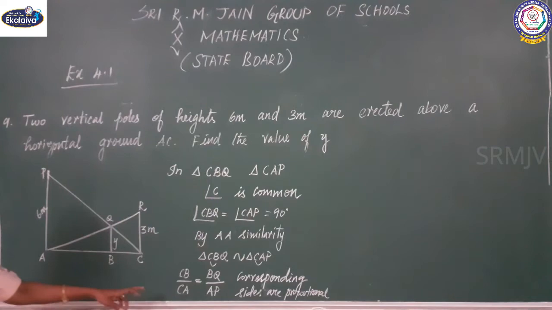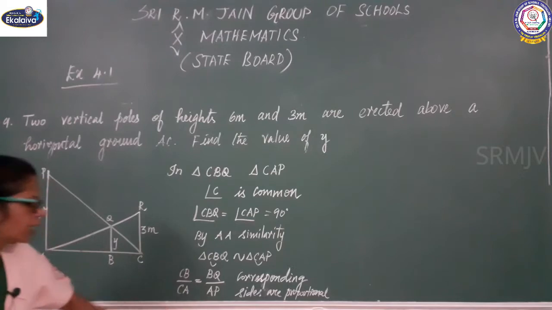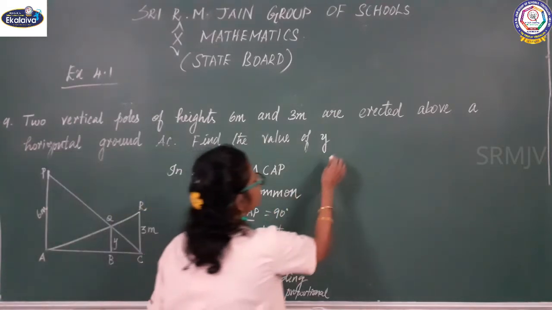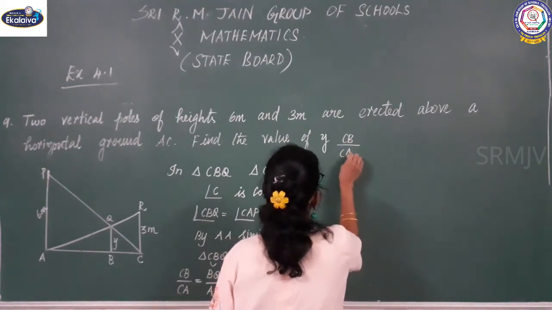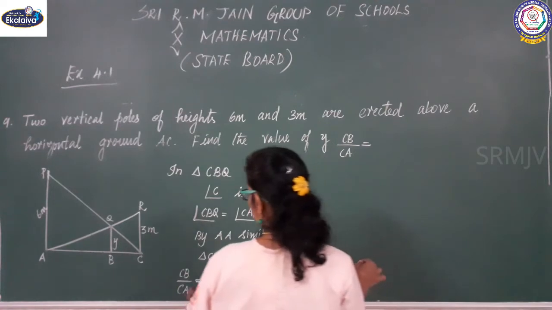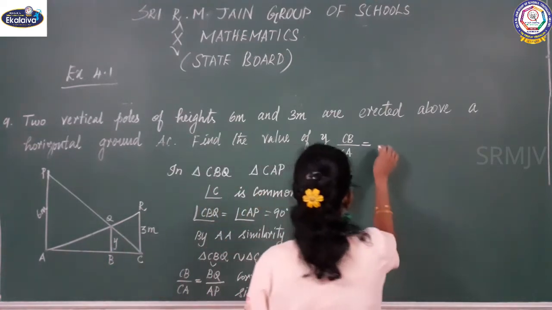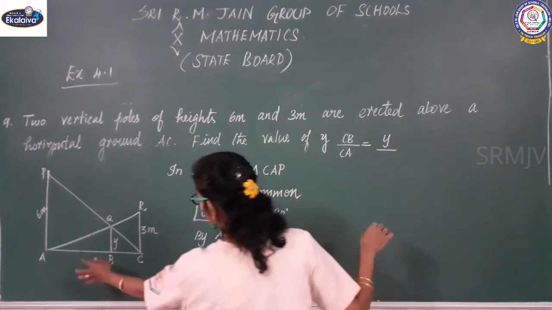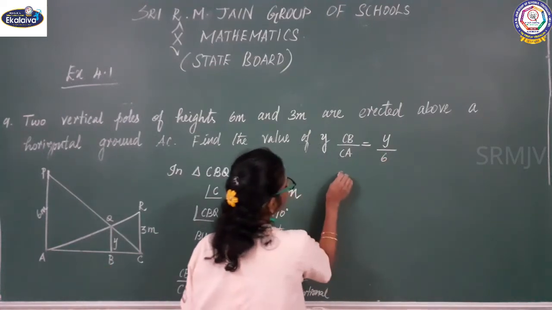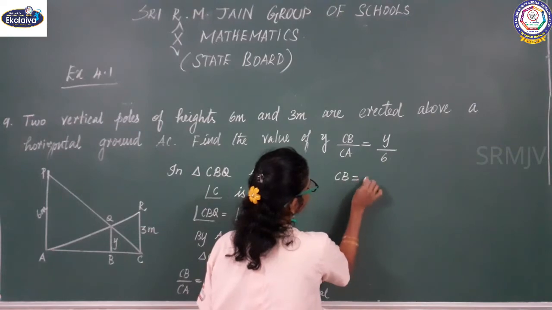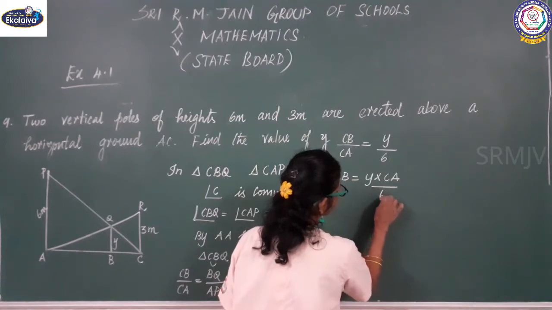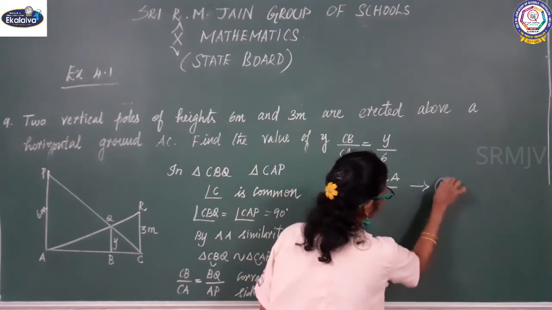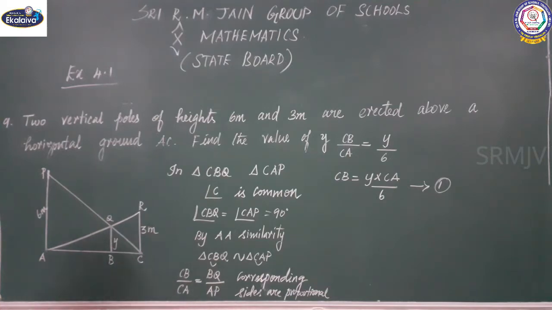Now you know the value of BQ and AP, right? CB divided by CA equal to BQ, whose value is Y, AP value is 6. Now CB equal to Y into CA divided by 6, that is equation number 1.